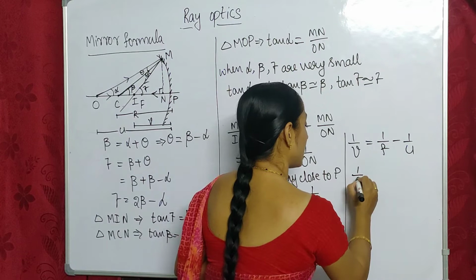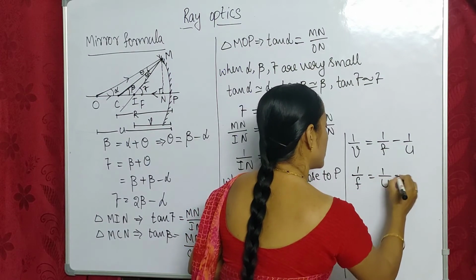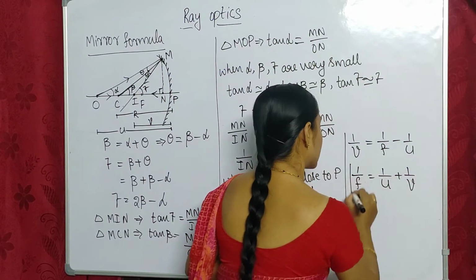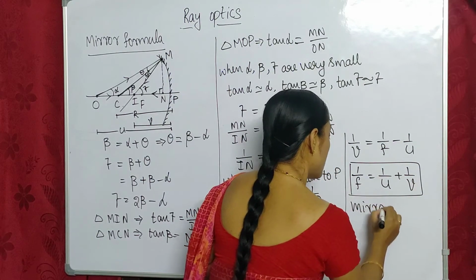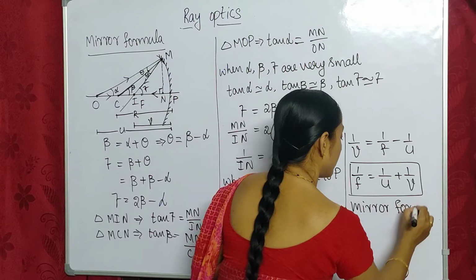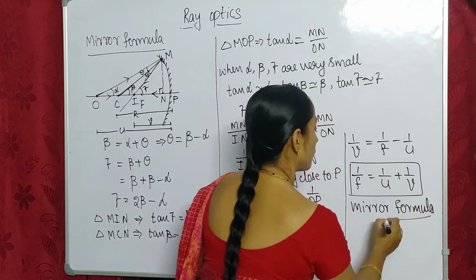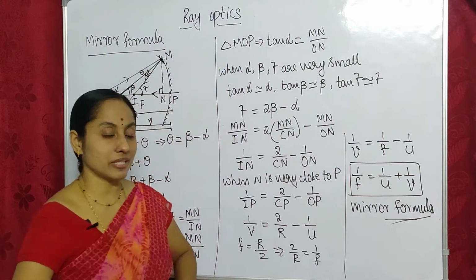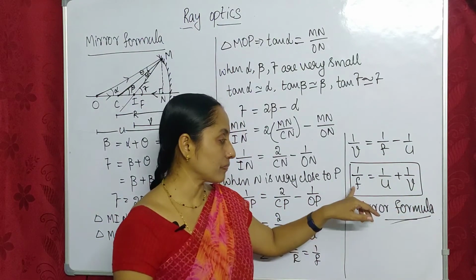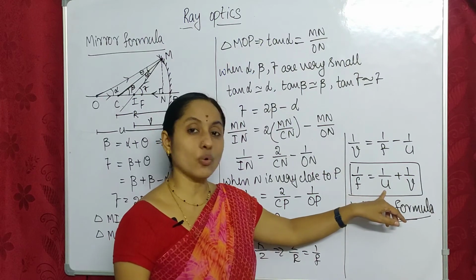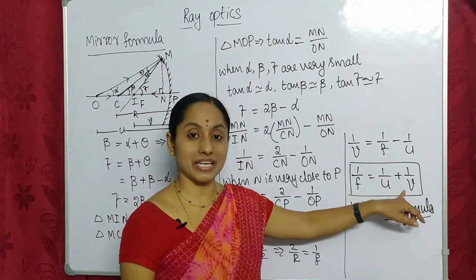So we get 1 by F is equal to 1 by U plus 1 by V. That's it. This is called the famous mirror formula, the most important mirror formula. 1 by F is equal to 1 by U plus 1 by V. F, focal length; U, object distance; V, image distance.